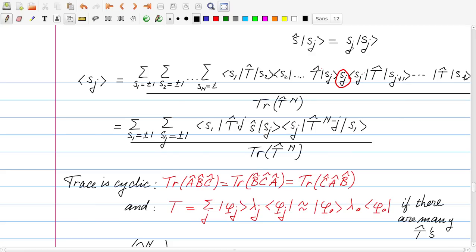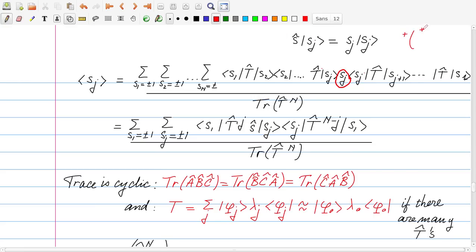And now we make the following step. Let us invent another operator S, which acting on this Sj gives me Sj times Sj. Well, what would be the form of this operator S with respect to the basis of the up and down spins? Well, it's not hard to guess.